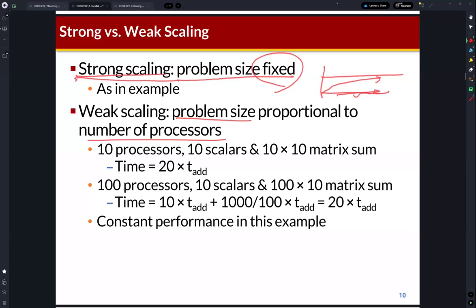But actually, if we use a multi-core architecture, then the problem size is also proportional to the number of cores. So think about the server computer systems. If we just increase the number of cores in a server computer system, then the server computer system can actually handle more concurrent threads, right?